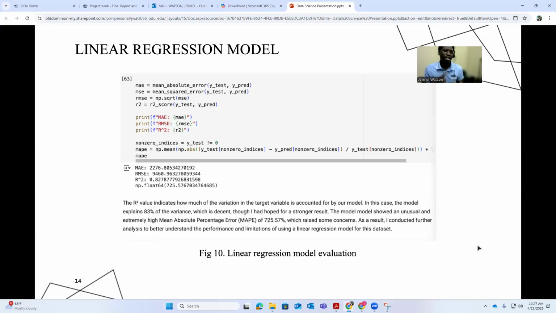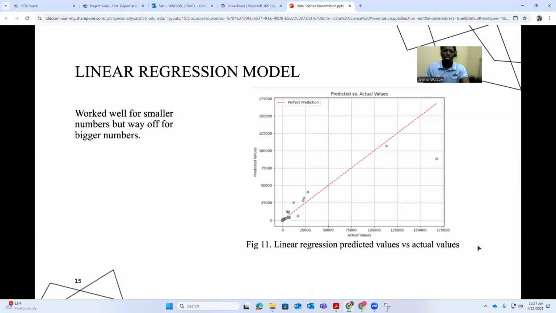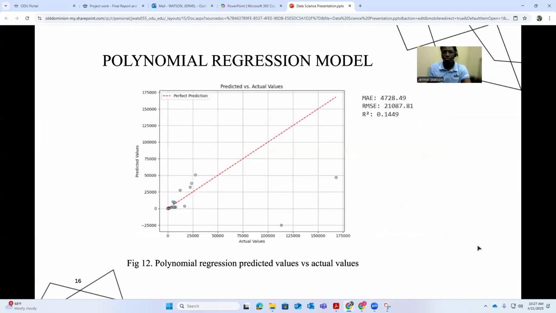However, we had a very high mean absolute error and a high root mean square error. In further analysis, we realized that the linear regression model worked well for smaller numbers, but as the numbers got bigger, the predictions were off. In light of that, we decided to switch to a polynomial regression model to identify any trends that may be more than linear within the dataset.